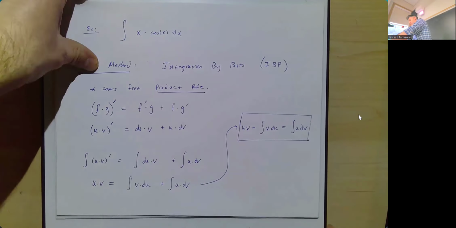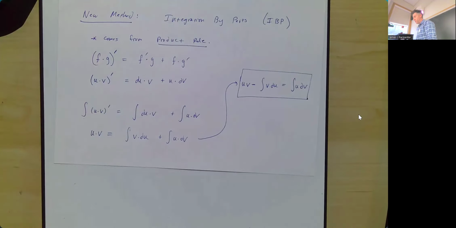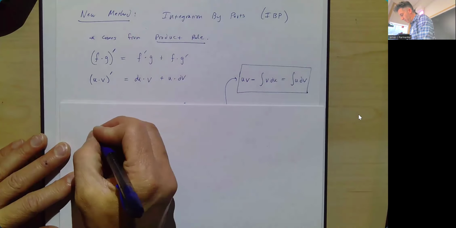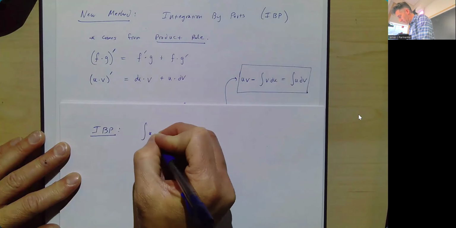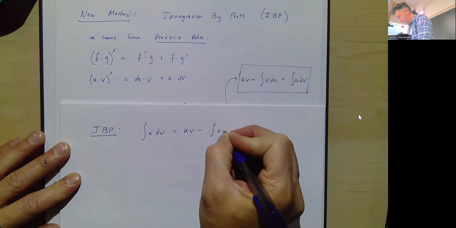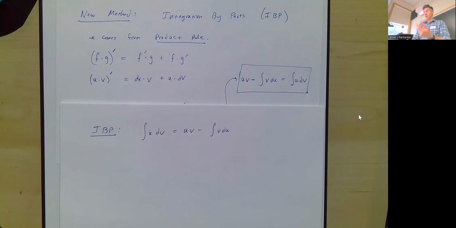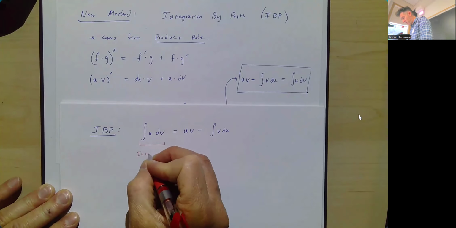Or actually, because I've written it kind of backwards, typically we think of integration by parts as the integral of U times dV equal to U times V minus the integral of V du. And the idea here is that this is going to be the integral that you start with.